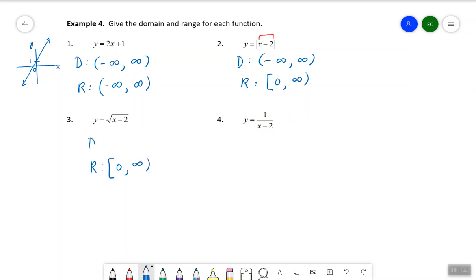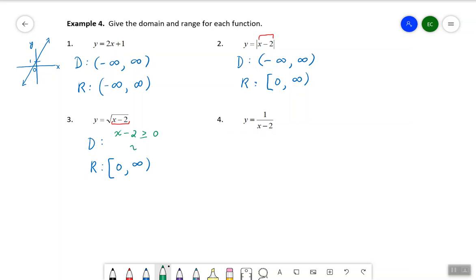But the domain is not all real numbers this time. Let's see here. If you're going to take the square root of a number, and again, we're only talking about the set of real numbers, right? We want our output to be a real number. Then x minus 2 must be greater than or equal to 0. So here is an example where we can write a little equation. x minus 2 must be greater than or equal to 0, and then we can solve that.